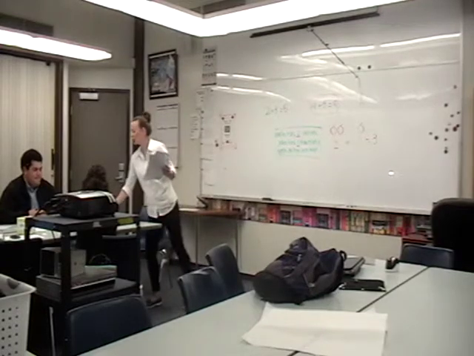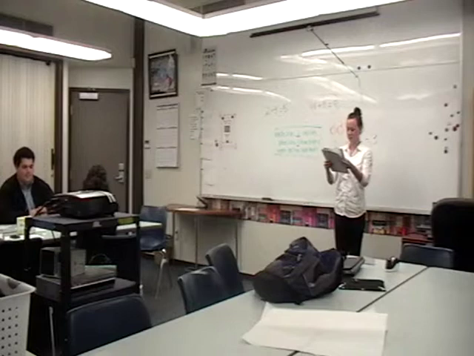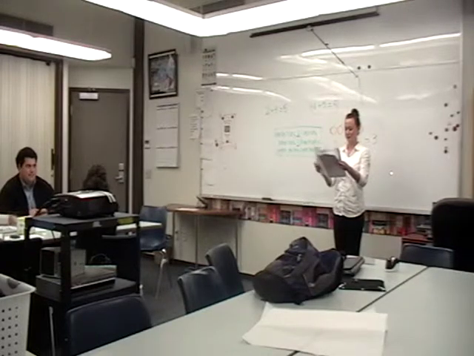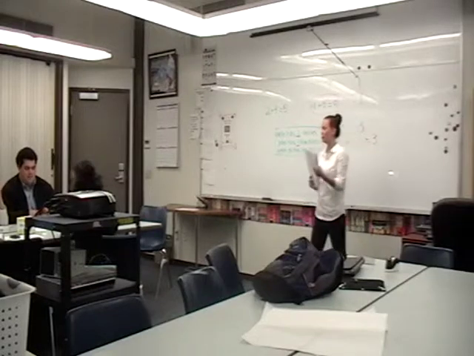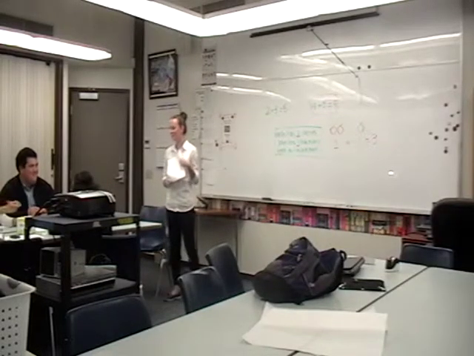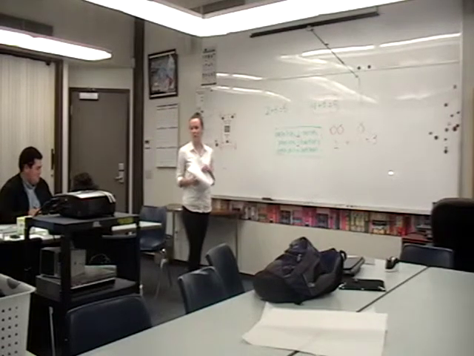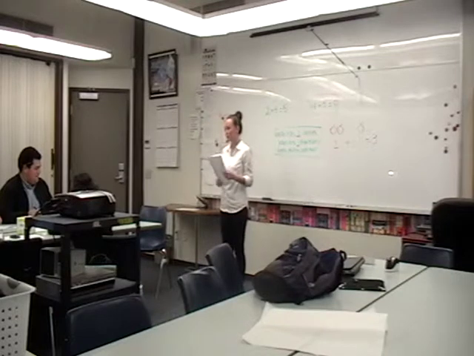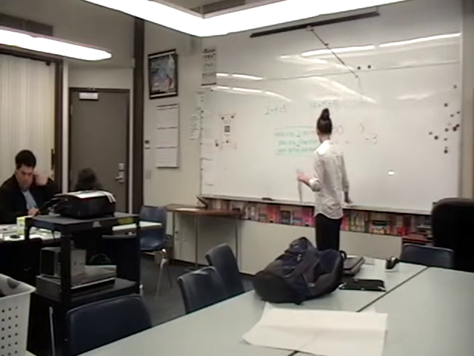So everybody look at the problem, and I'll read it out loud for you. Alrighty. So if Sarah has 3 flowers and Jim has 3 flowers, how many flowers do they both have? So remember your roles. I'll write them on the board as you work in case you forget.